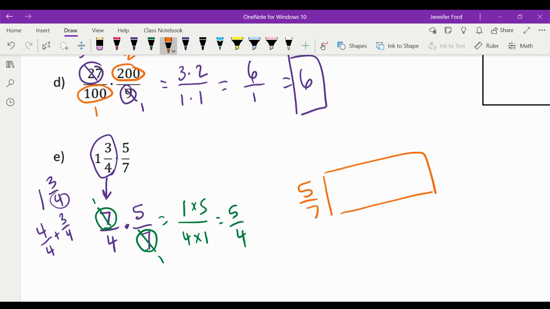5/7 times 1 3/4. Technically you don't have to, but check this out. So 5/7 times 1 is 5/7. 5/7 times 3/4 is 5 times 3 is 15. 7 times 4 is 28.